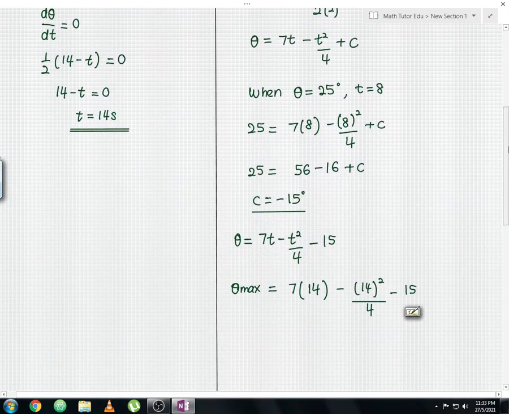Okay, so you calculate this. So from here you should get your max temperature is equals to 34 degree. So this is your final answer, guys. Okay, let me underline the solution for the question part B.